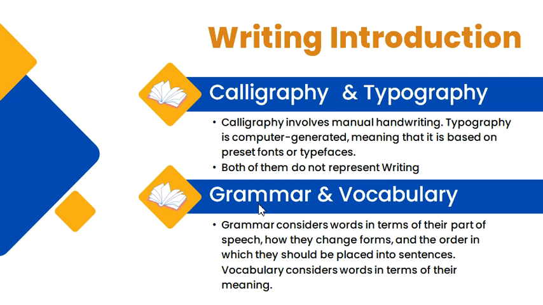a good writer. That means grammar considers words in terms of their parts of speech, how they change forms, and the order in which they should be placed into a sentence. That means we have present tense or past tense if you like to use a verb in one form or the other form.